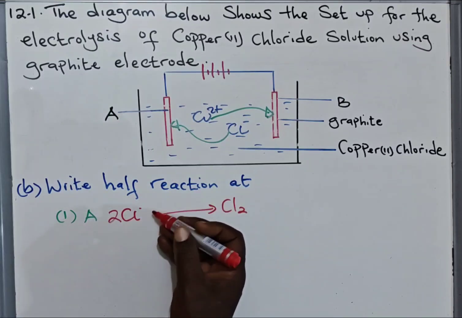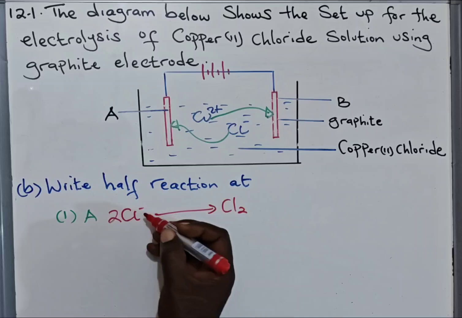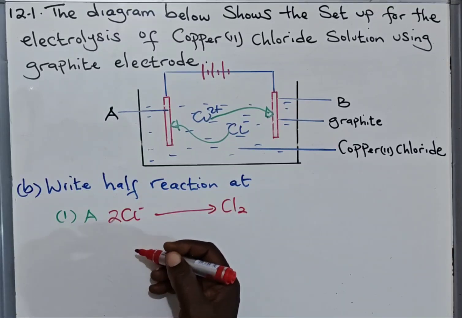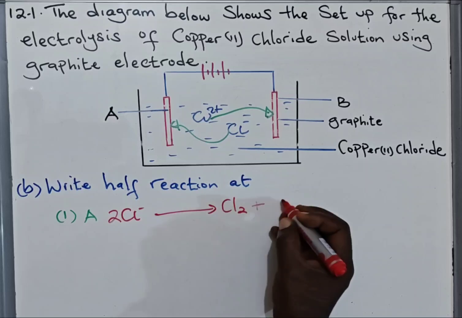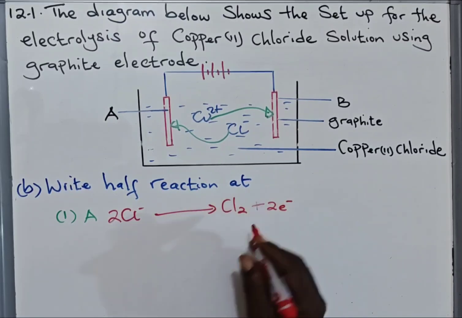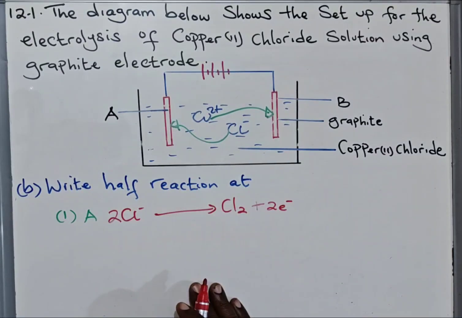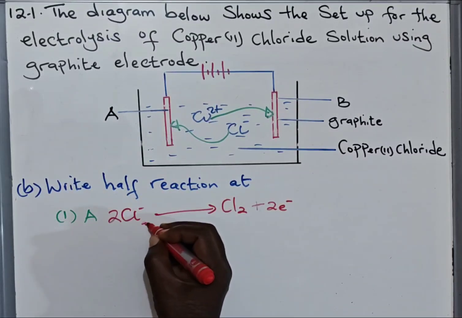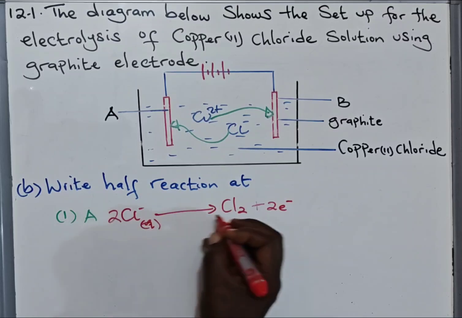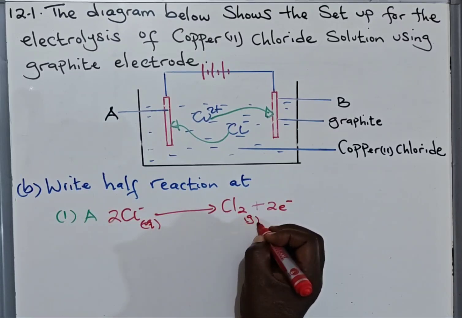Now, putting a 2 here makes the negative to be 2, and negative implies electrons. So it means that we are having 2 electrons to deal with here. And that is it. So what you have here is the reaction which takes place at A. This is aqueous and this is gaseous.